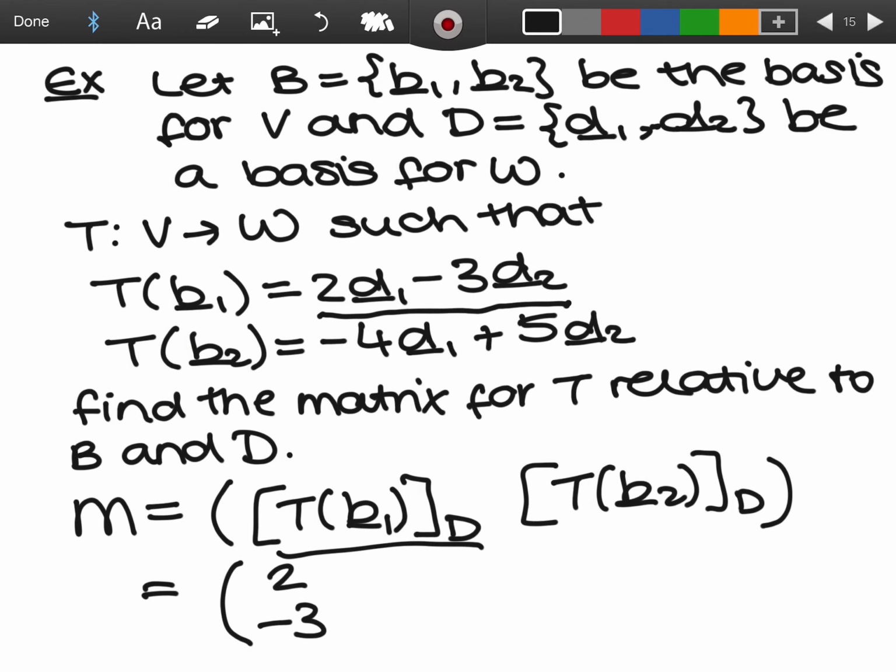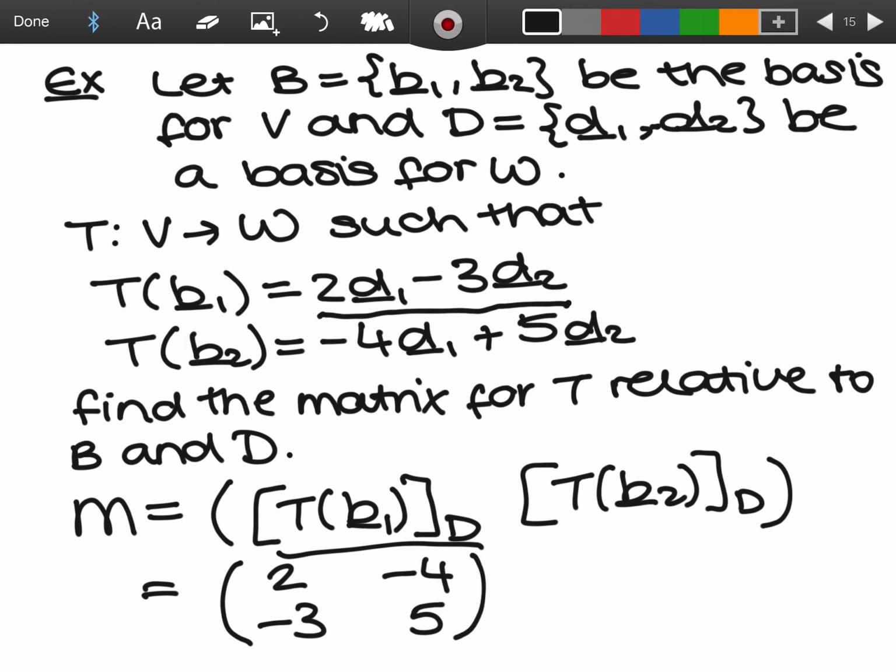That's my coordinate vector with respect to D. Then T of B2 with respect to D is just negative 4 and 5.